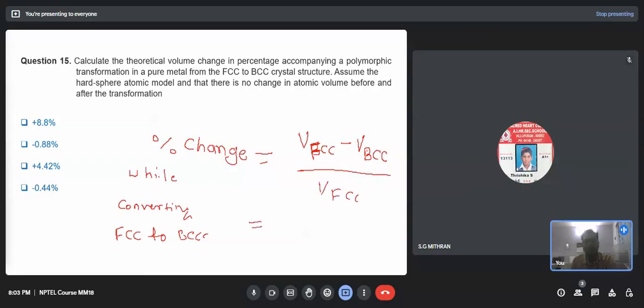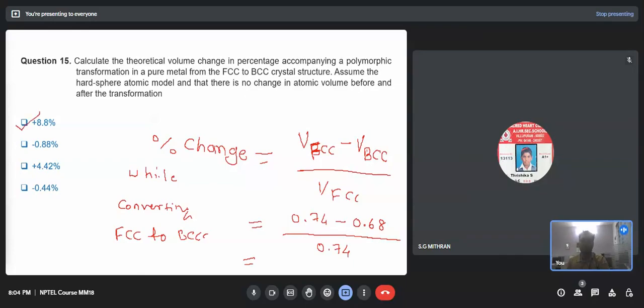We know FCC is 0.74 minus 0.68 for BCC, and the volume per unit cell will be 0.74 for FCC again. That's how we can calculate the value, approximately around 8.8%.